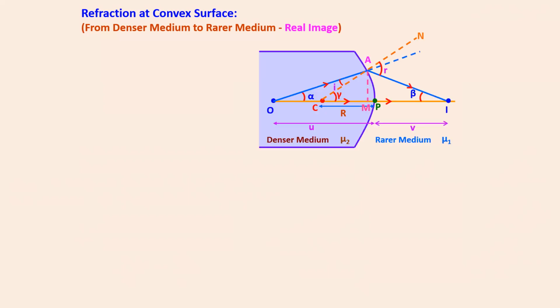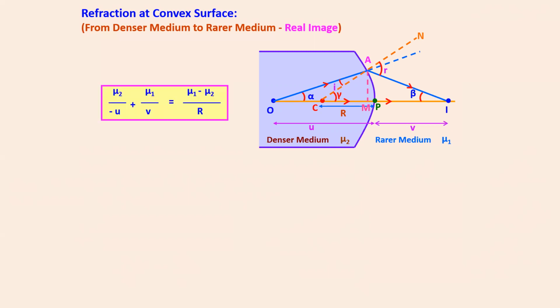Denser to rarer. Suppose it is denser to rarer, then what happens? You are going to put your object at the denser side, and you are going to get your real image at the rarer side. If it is a virtual image, then it will be at the denser side only. But suppose you are getting a real image, what will be the final formula?